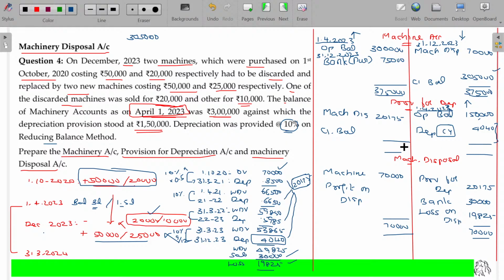And the provision for depreciation balance is, come on, tell me: 1,50,000 plus 4,040, 1,54,040 minus 20,175. Come on, tell me that value. 1,33,865. This value being 1,71,135.